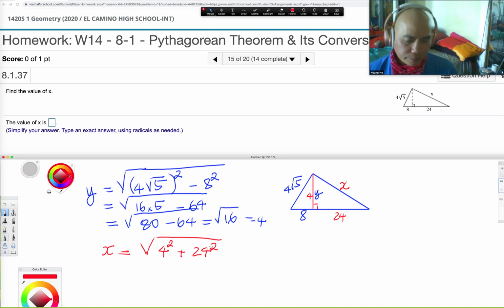So now I use my chicken game to simplify the answer because they want the exact answer. So I rewrite 4 squared. And 24 is 6 times 4. Okay, 6 times 4 squared.